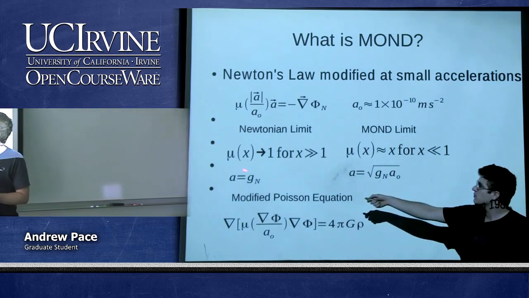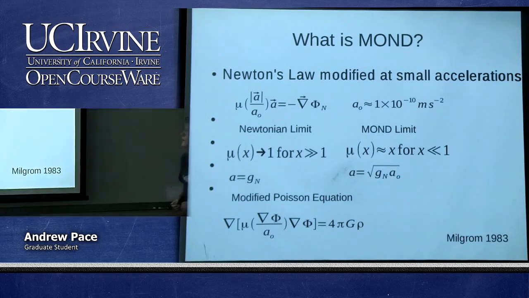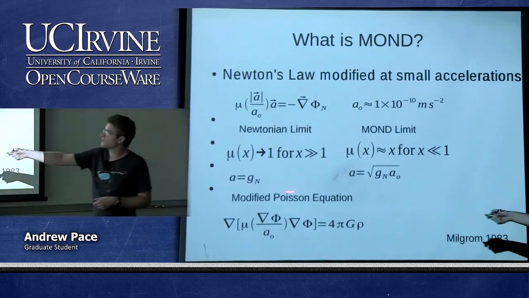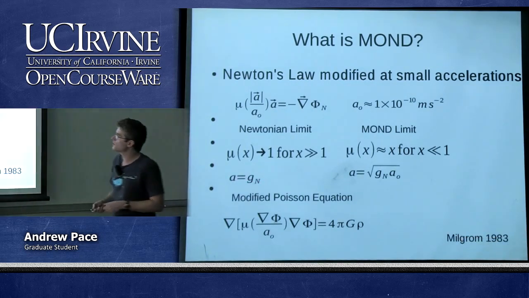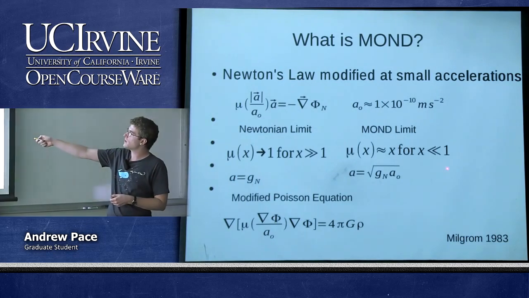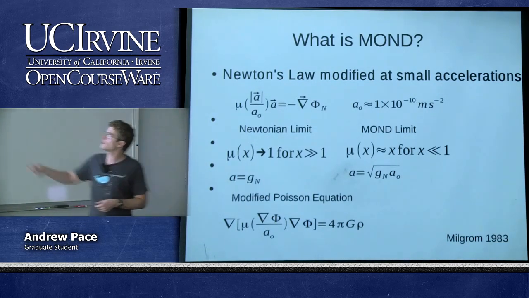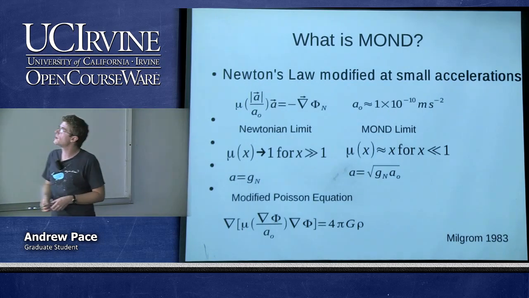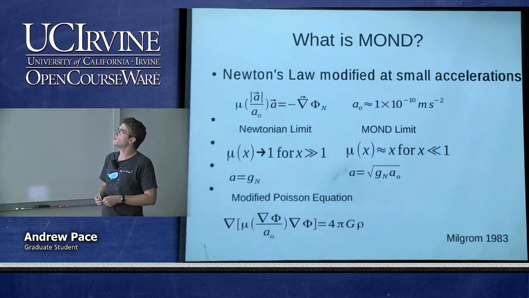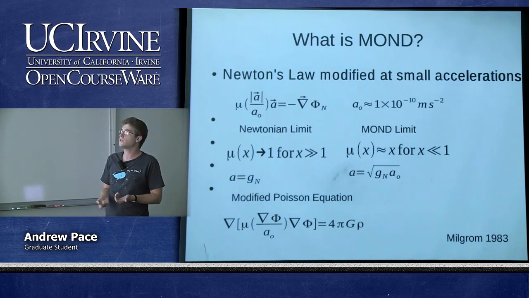This functional form is basically, for large values of x, you just have your normal gravitational force. But for very small values of x, the acceleration goes as the square root of the gravitational force. This constant was estimated as about 1 times 10 to the minus 10 meters per second squared, a very tiny value.